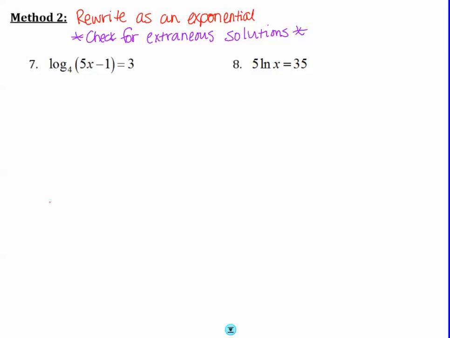So on problem number 7, we only have log base 4 on one side of the equation. So I'm going to rewrite this as an exponential. Then if you use your calculator or your power sheet, 4 to the third power is 64. And then we can just solve the equation.